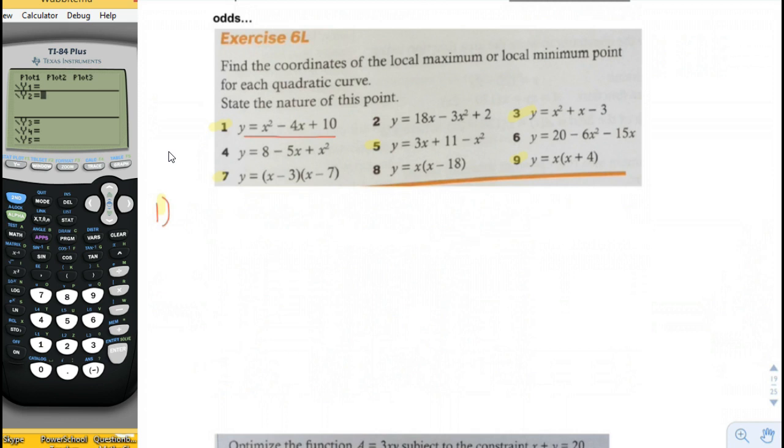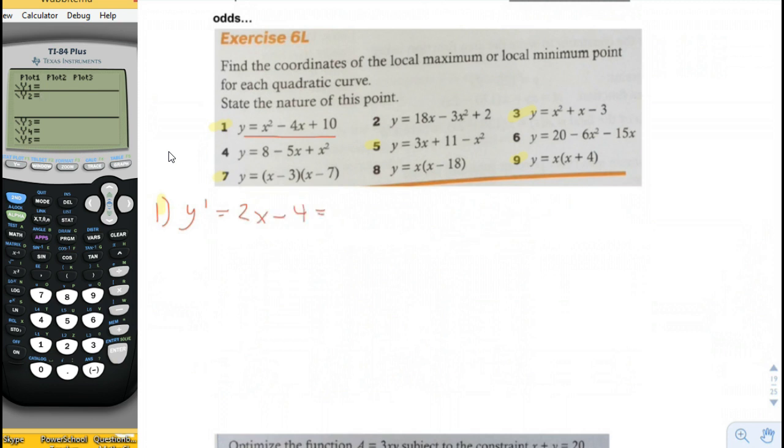Well, remember, maximum and minimums of a function can be found by taking the derivative. When the derivative or the gradient function is equal to 0, that is a maximum or minimum point. The derivative of this is equal to 2x minus 4, right?